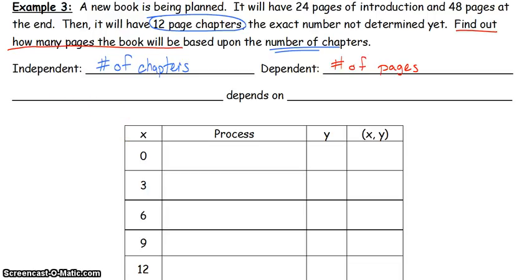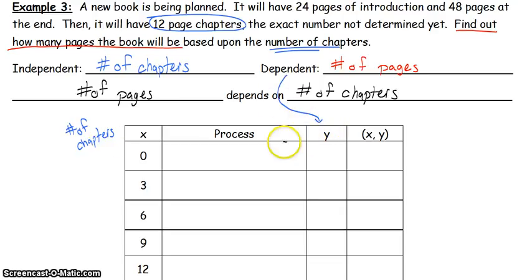My dependency statement then would be the number of pages depends on the number of chapters. Here, x represents the number of chapters. And we are calculating here my dependent variable, the number of pages.